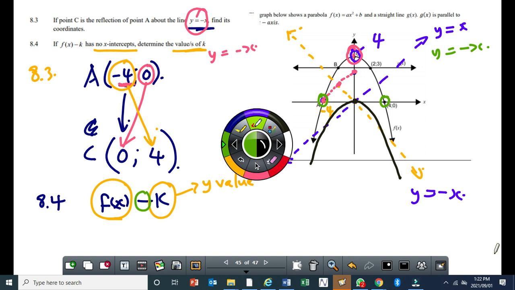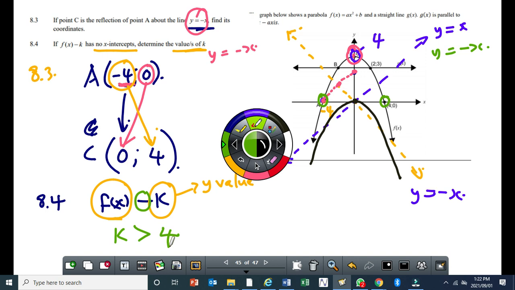Therefore, the value of k which will make us have no x-intercept is k must be greater than 4.